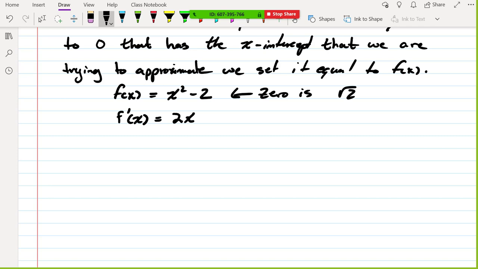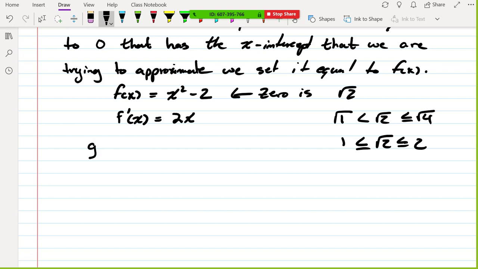And then we need a guess. So we know the square root of 2 is bigger than 1, and we know that the square root of 2 is less than 2, because the square root of 1 is less than the square root of 2, which is less than the square root of 4. But that tells us that 1 is less than the square root of 2, which is less than 2. So if we wanted to guess, there's a whole bunch of different choices.